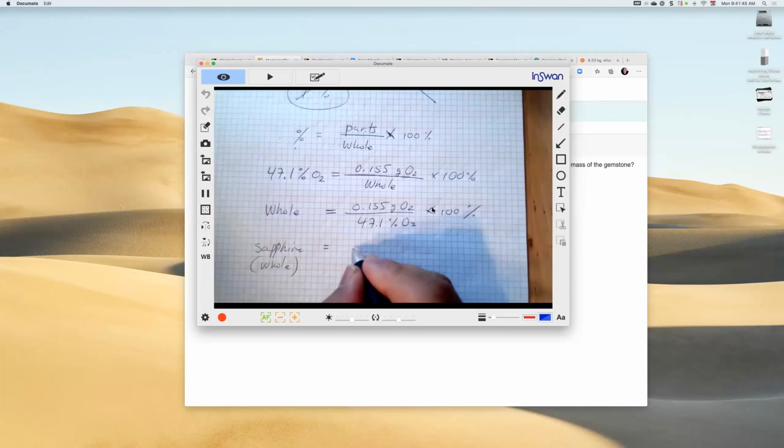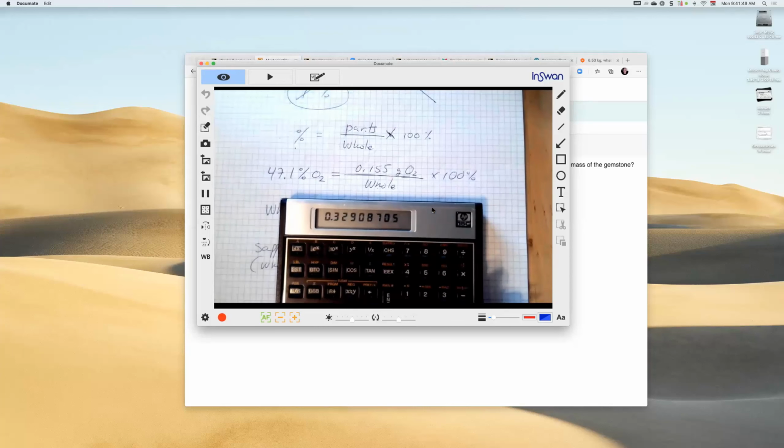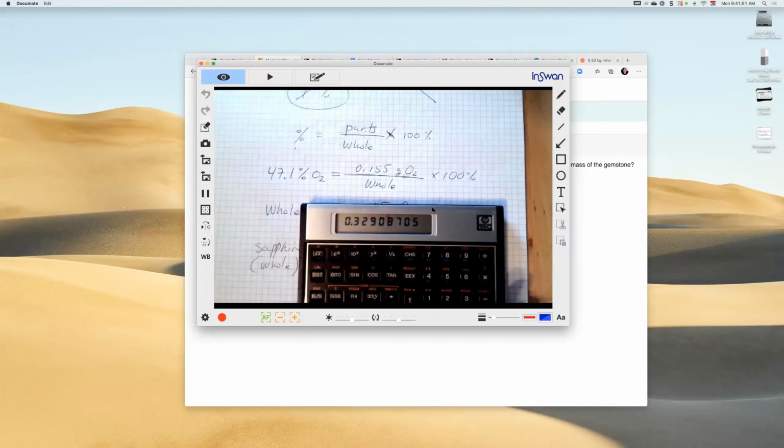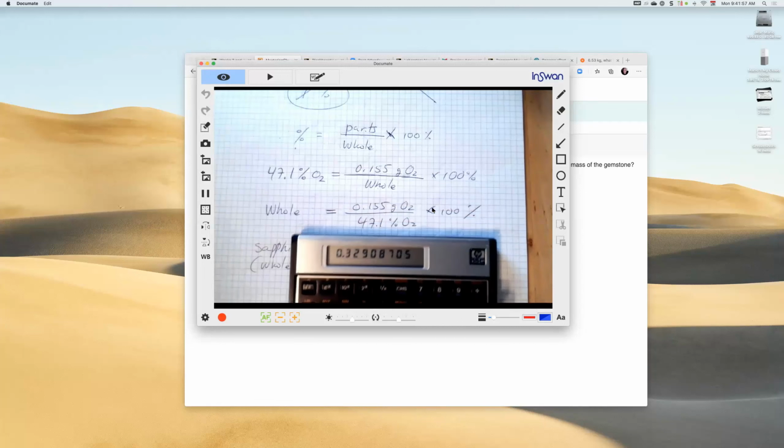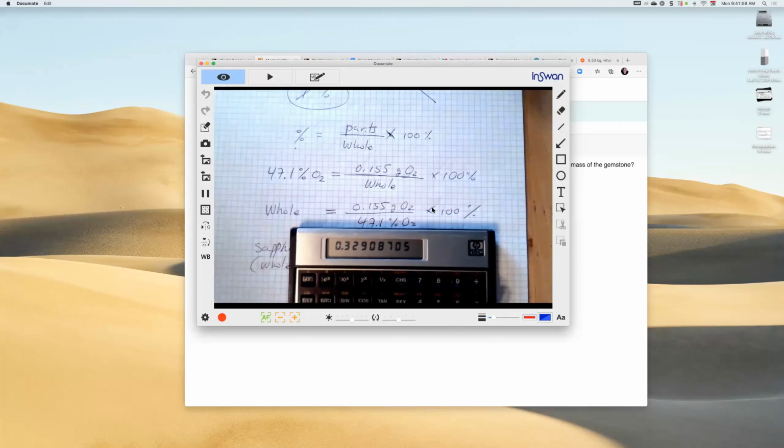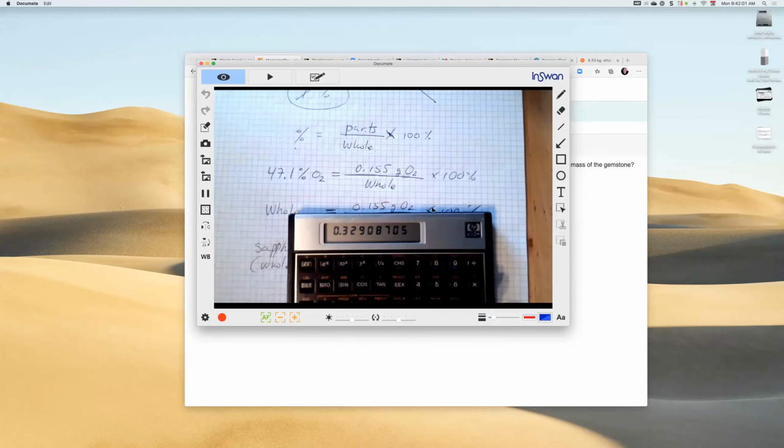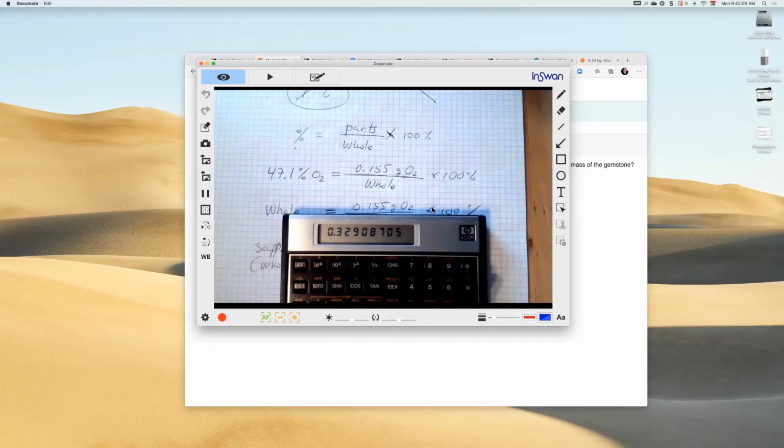And I get on my calculator this answer. Well, let me show it to you so that I can then round it off as you're going to tell me. So that's my calculator answer. But my input information has 3 significant digits. So how do I round off that number to 3 sig figs?